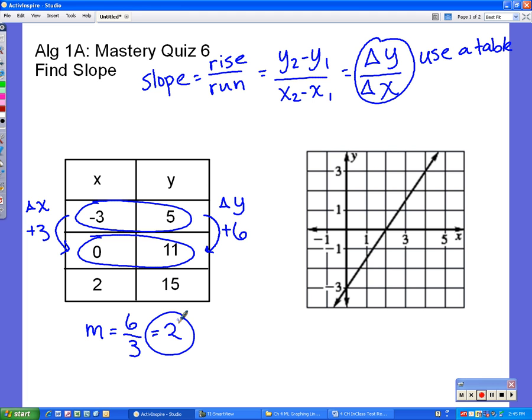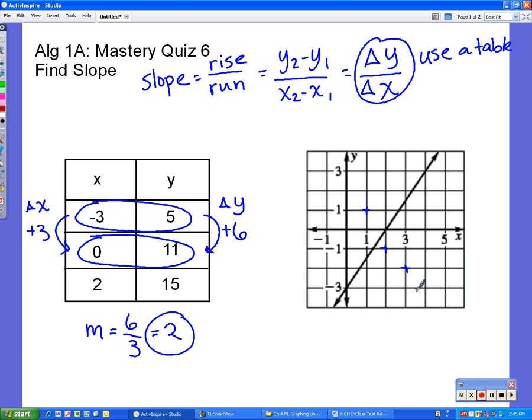The second problem is a graph. I need to find the slope of this line. The first thing I do is I find nice points. Remember, nice points are where the line crosses this grid at a spot where the lines cross. So if the line crossed at any of these spots, it would be a nice point.